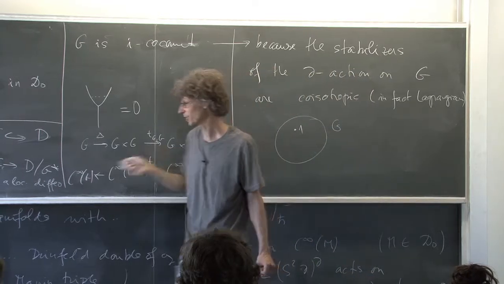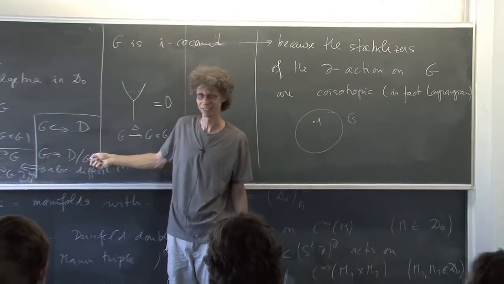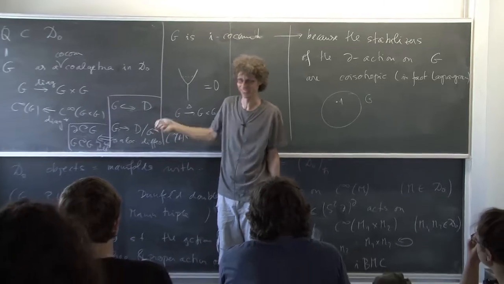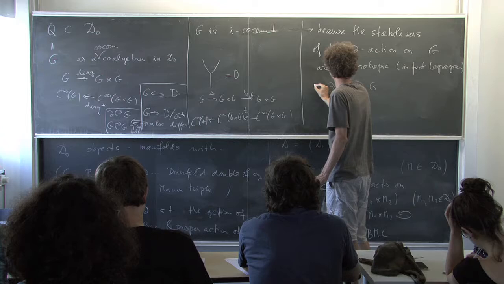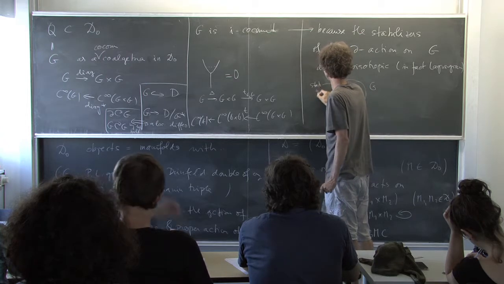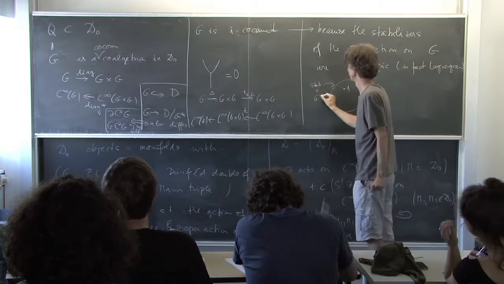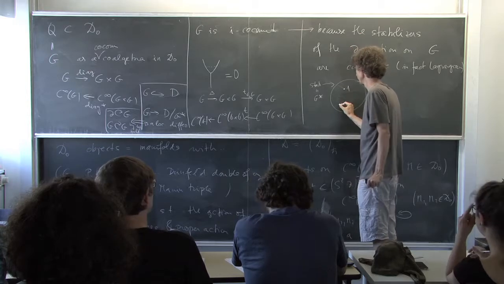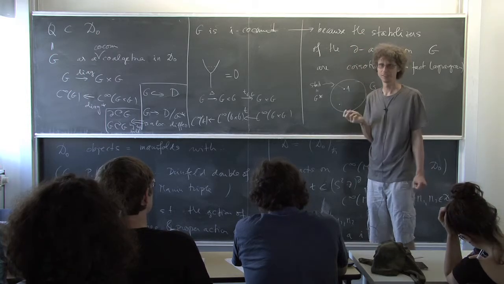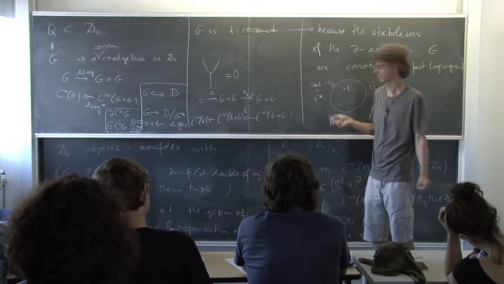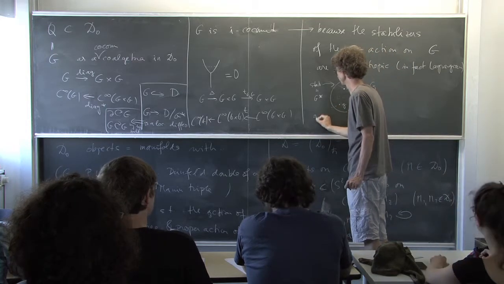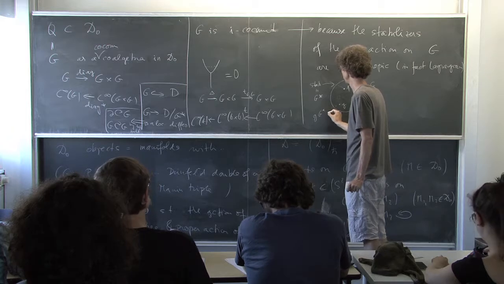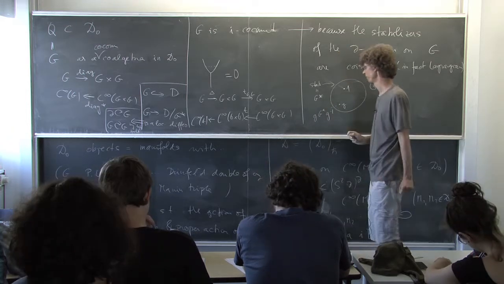So at least somebody is not sleeping, right? So we divide here by G star. So the stabilizer is G star, right? So here, stabilizer is equal to G star. If you take some other point, the stabilizer is going to be conjugate to G star. So G, and this is going to be something like G star, G inverse.